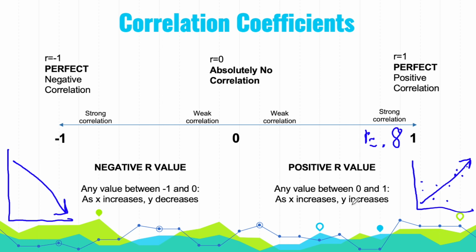What about a strong correlation that's negative? That would be something like -0.8, -0.7, right? I would again expect that the points would hang close to my best fitting line, but they wouldn't all perfectly lay on that line. What would a weak correlation look like that's positive? I would say maybe an R value of 0.2, something that's between 0 and 0.5.